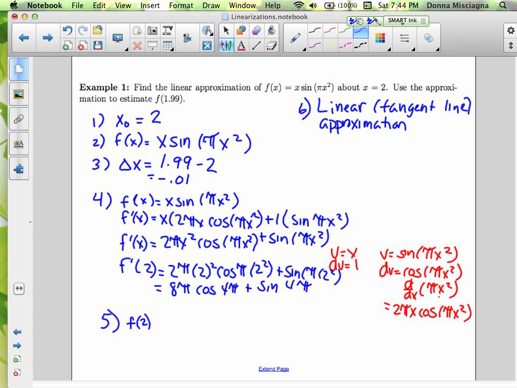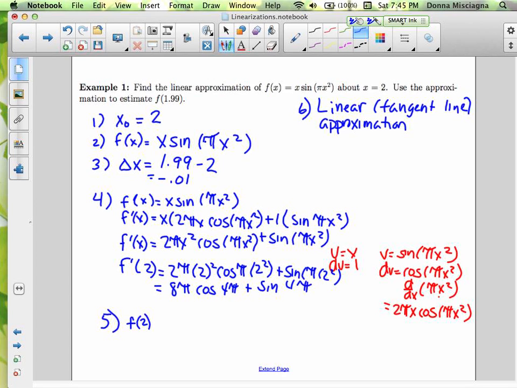Well, cosine and sine of 4 pi is the same as cosine and sine of 2 pi, which is the same as cosine 0 and sine 0. You're just going around the circle. Cosine 0, sine 0, you haven't gone around the circle. Cosine 2 pi, sine 2 pi, you've gone around the circle once.